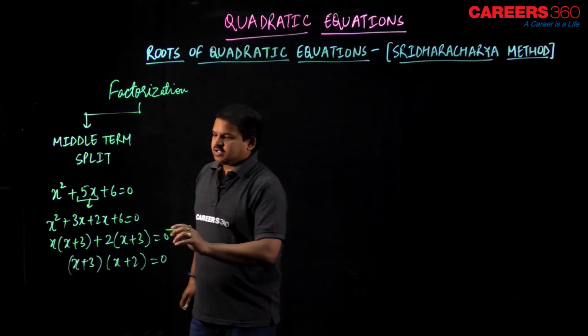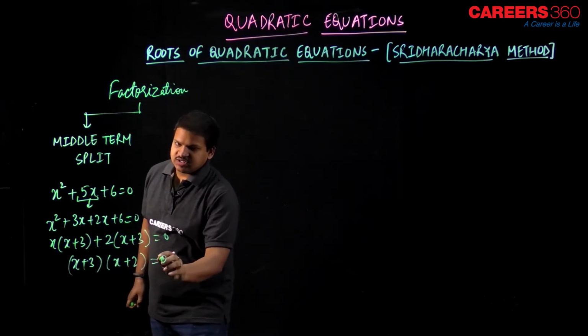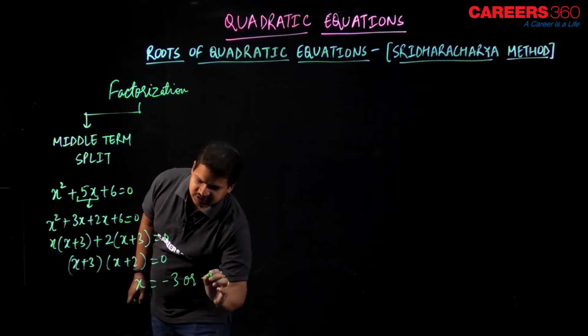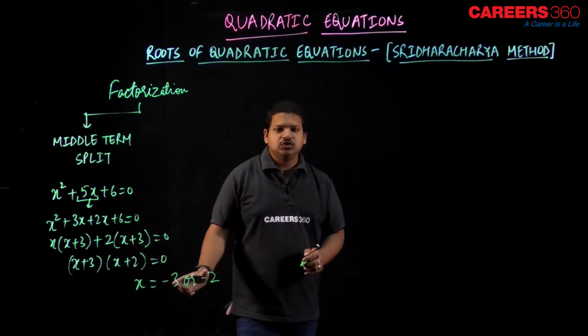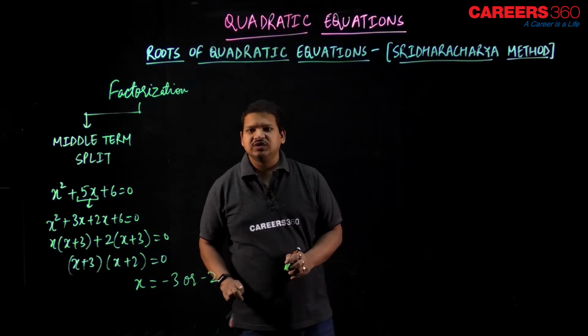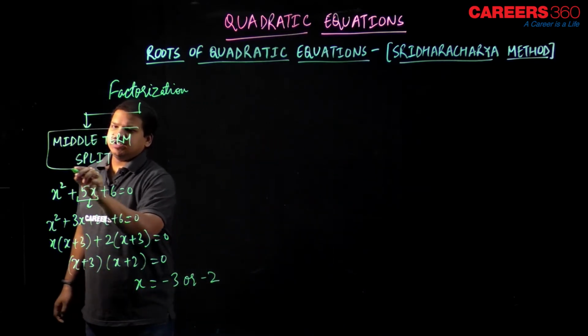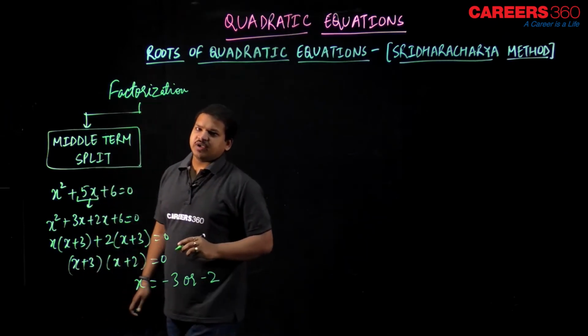Now, if the multiplication of these two terms is equal to 0, then x equals minus 3 or x equals minus 2. These two values are the roots of this equation, and that is how we did the middle term split, right.